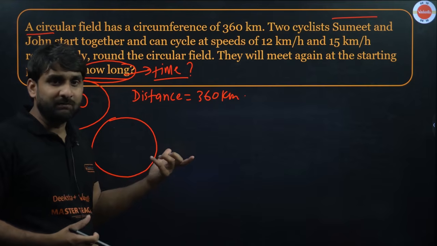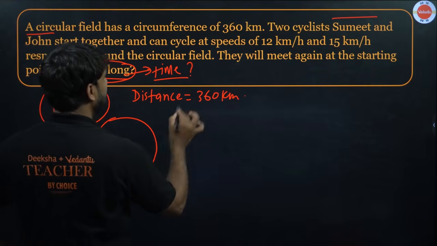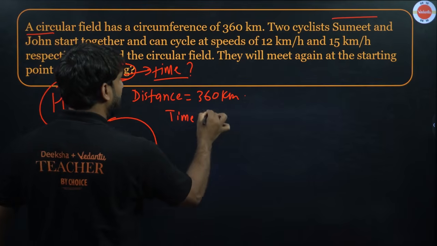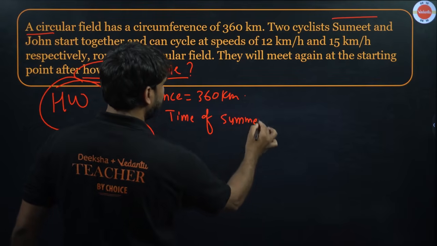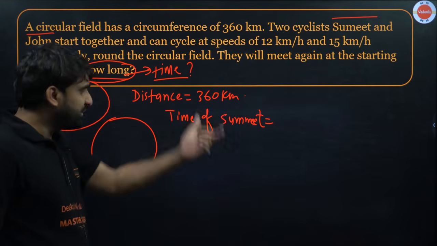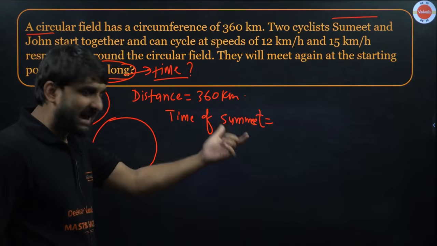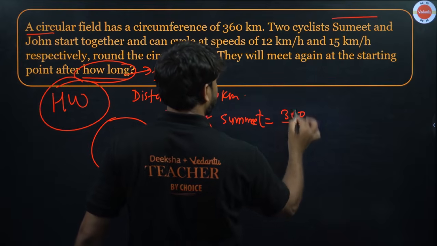We don't know the time, but distance is there and speed is given. So find the time taken by Sumit. You know, speed equals distance by time, so time can be written as distance by speed. So this is equal to 360 divided by the speed, 12.